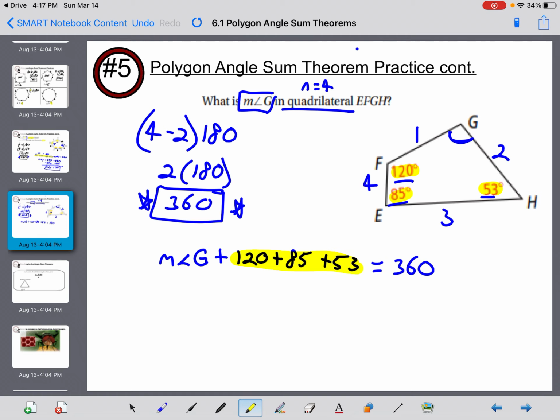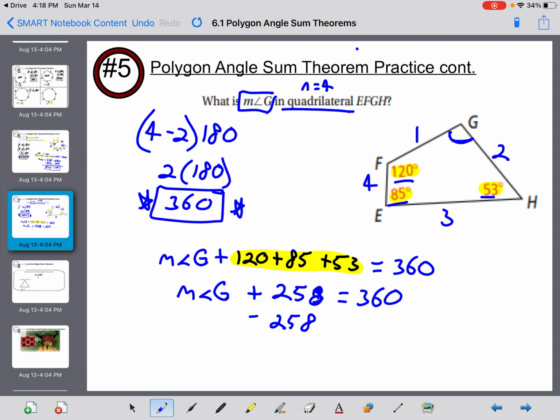Combine your like terms, 120 plus 85 plus 53. So type those in, 120 plus 85 plus 53. And we get a total of 258, which is equal to 360.